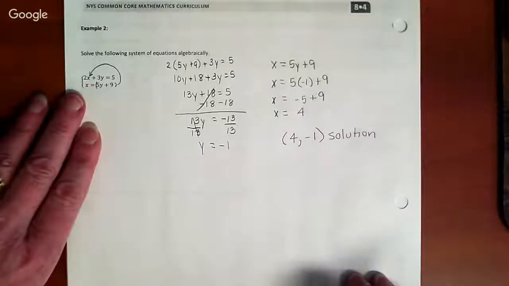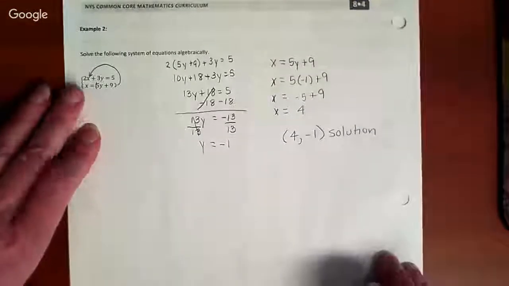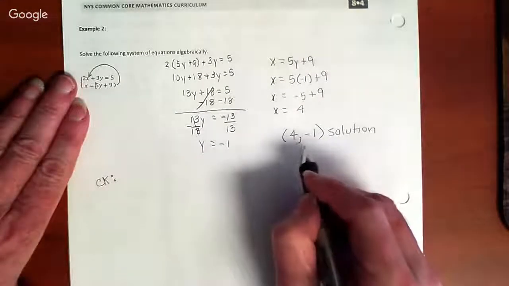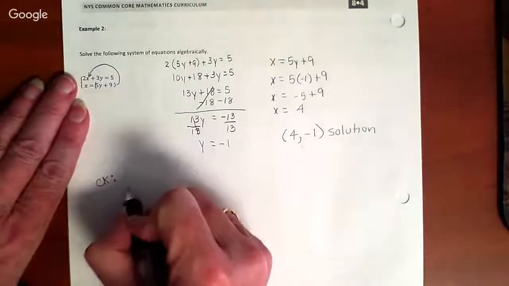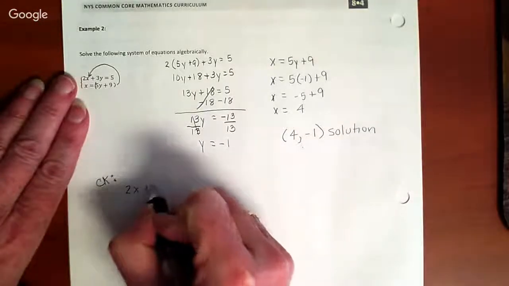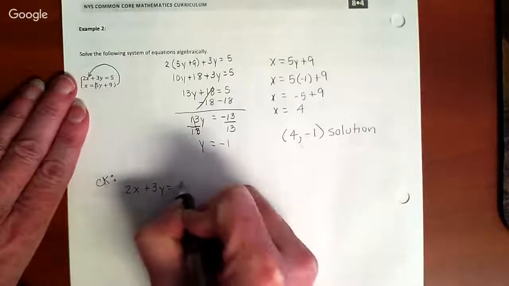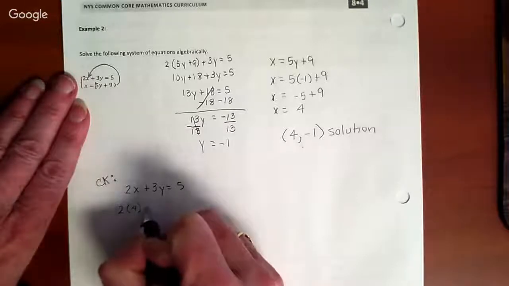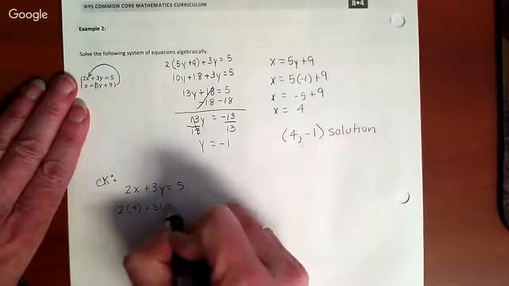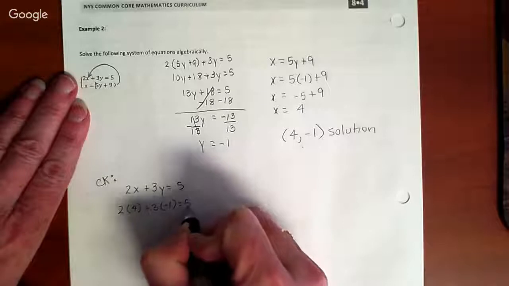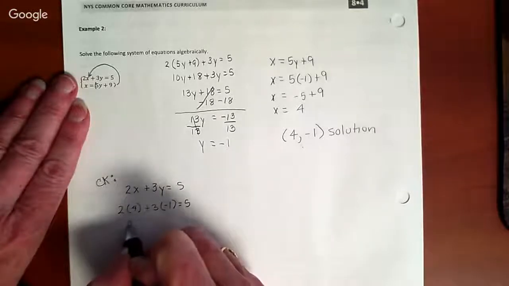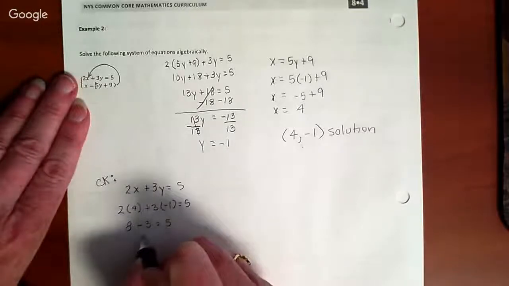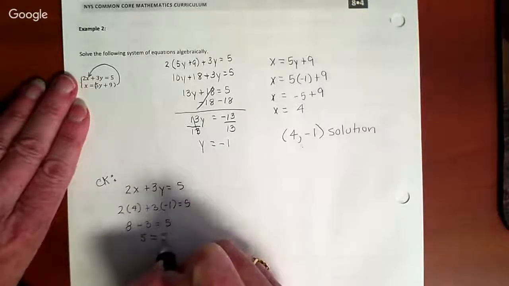Don't forget to verify your solution. In other words, you're going to check it. You've got to check your solution in both equations. So here I have 2x plus 3y equals 5. So 2 times 4 plus 3 times -1, does that give me 5? Well, I have 8 minus 3. Does that give me 5? 5 equals 5.